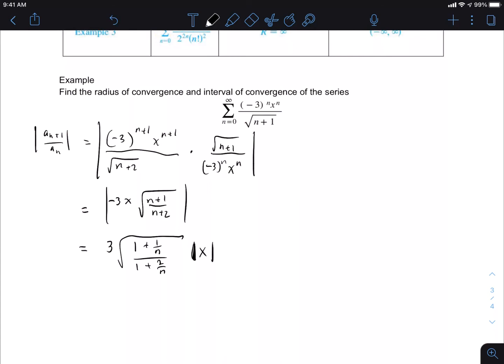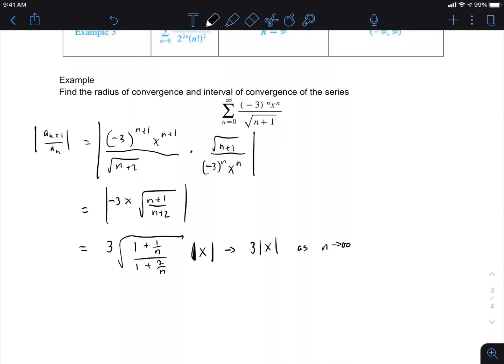And we know that as n goes to infinity, what's going to happen here is this implies that this is going to be 3 times the absolute value of x. And we know that again as we take the limit of this going to infinity, right? So this is as n takes off to infinity.